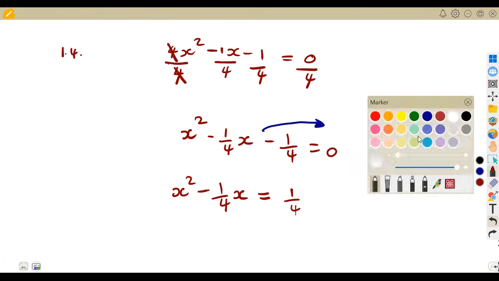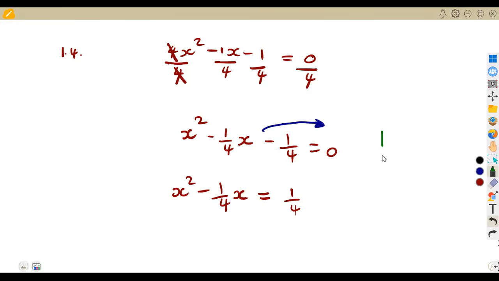So the idea here of completing the square is that we are supposed to determine half of the coefficient of x. We are talking about the coefficient of x, which is minus 1 over 4. We are supposed to determine the square of this half.